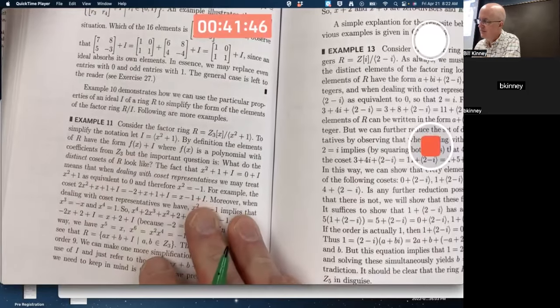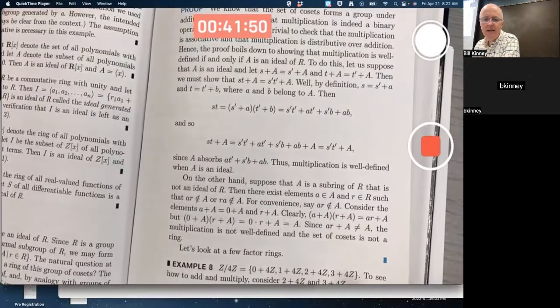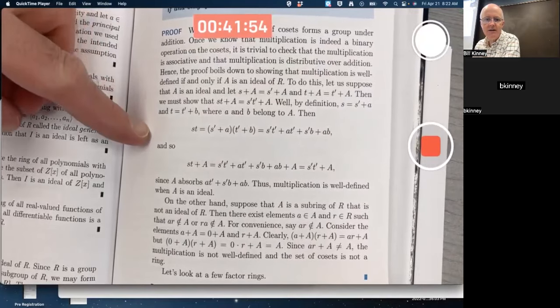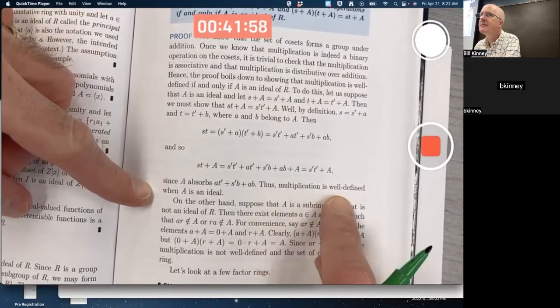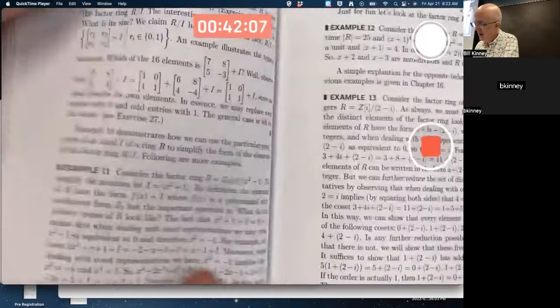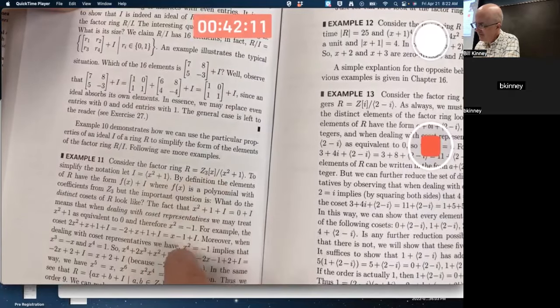If you look at the proof of this, the main thing they're trying to do is show that multiplication is well defined. That's the conclusion there. Being an ideal is necessary for that to happen. So this is an ideal, this is a factor ring.